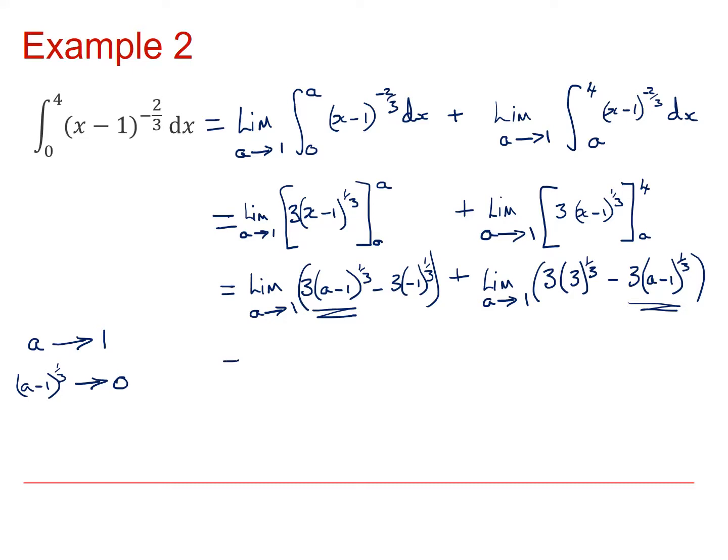Okay, so that's going to give me minus 3 lots of (minus 1) to the 1/3 plus 3 lots of 3 to the 1/3. Now (minus 1) to the 1/3 is just minus 1, so that's going to give me 3 plus 3 lots of 3 to the 1/3.